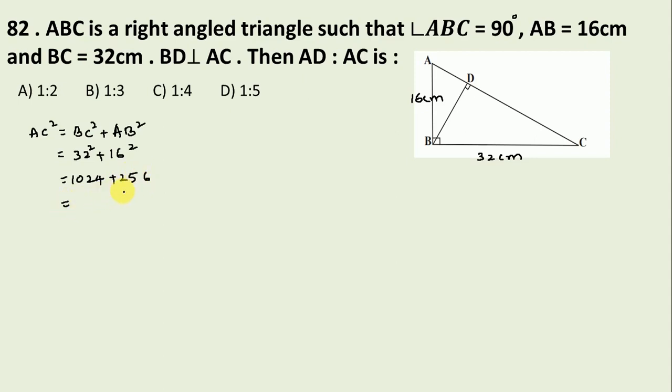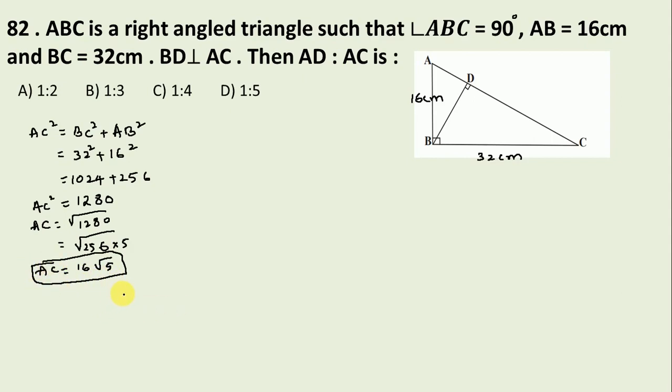The sum of these two is 1280. This is AC square, so AC is the square root of 1280. The factor of 1280 is 256 into 5, and 256 is the square of 16. So take it out and AC is 16 root 5.